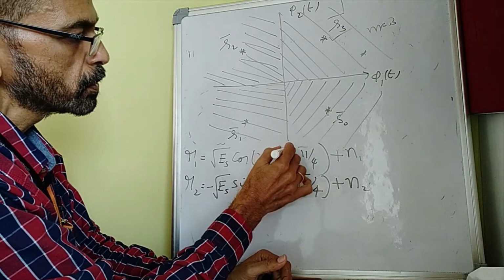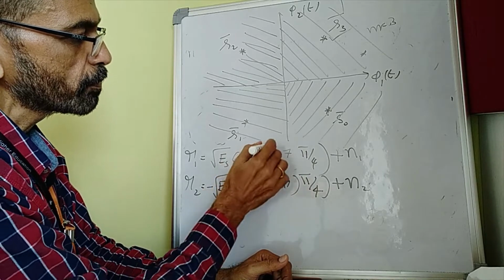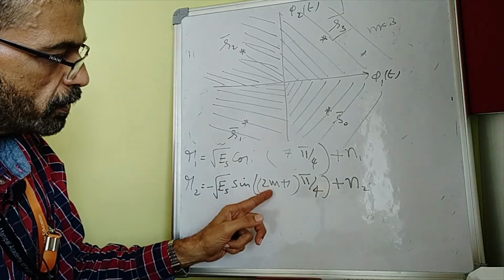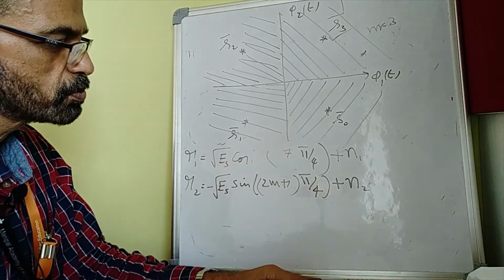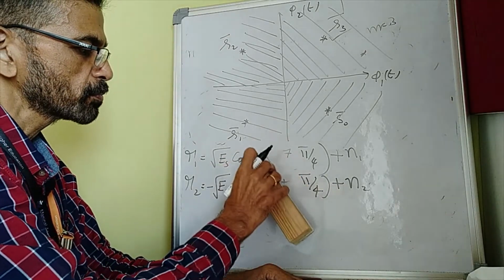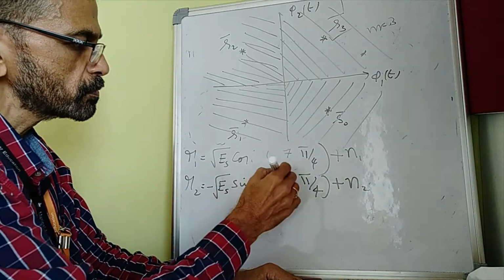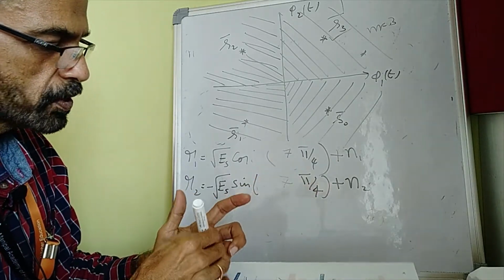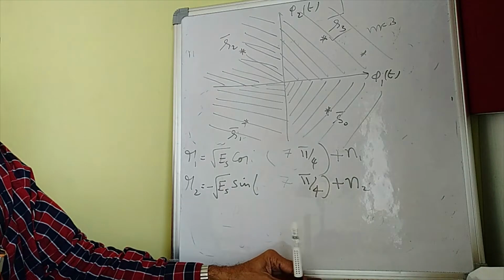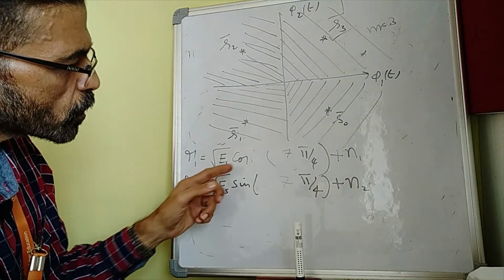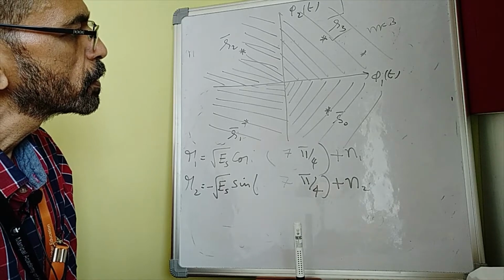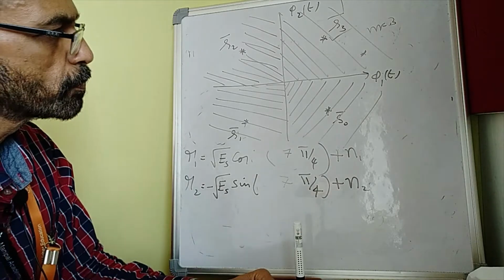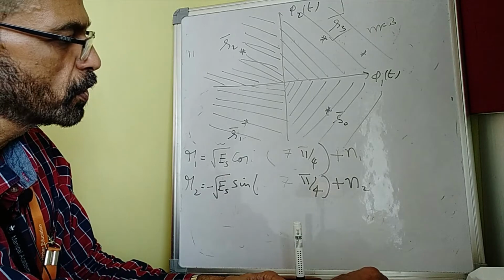cos 7 pi by 4. And here, when M is equal to 3, it is the same as 2M plus 1, so this becomes sine 7 pi by 4. Now, cos 7 pi by 4 is equal to 1 by root 2.